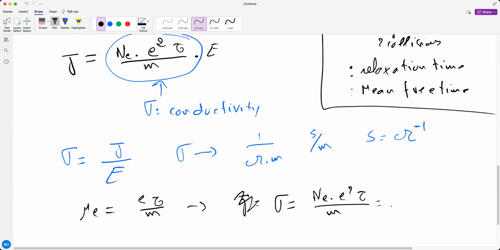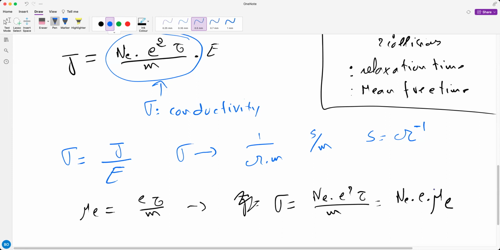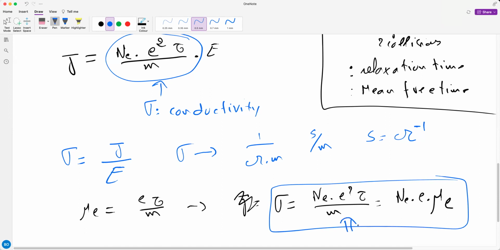It can also be n, number of electrons, times e, times the mobility. This is another equation for the conductivity. So the conductivity has this expression, and it has also this expression. Any question?